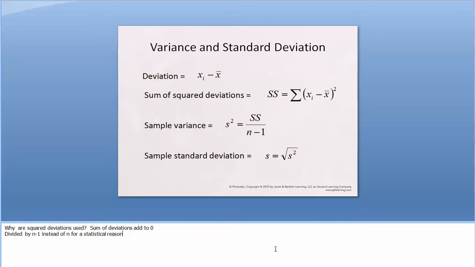Okay, so once you have that, remember, these are squared values. So if you have x to be in inches, deviation will be in inches, squared deviations will be in squared inches. And then notation wise, they developed the notation so that this quantity is called s squared, and that is given the name sample variance.